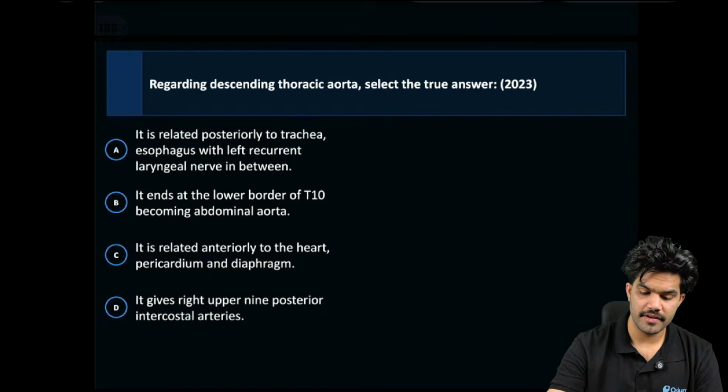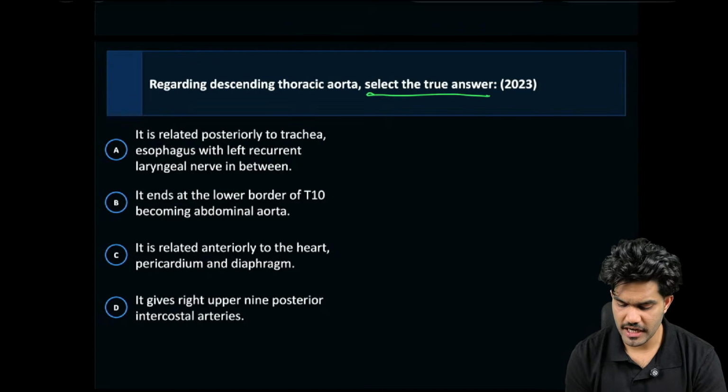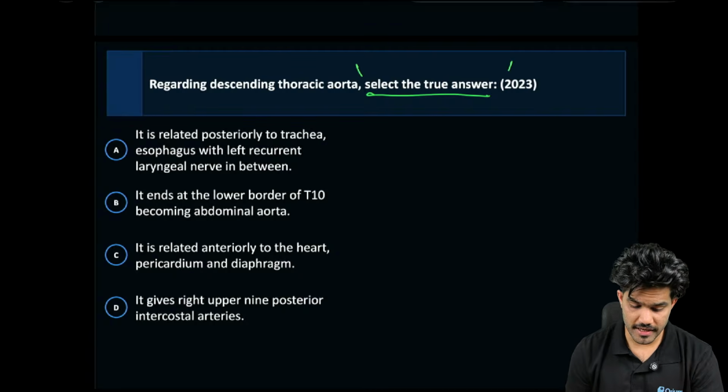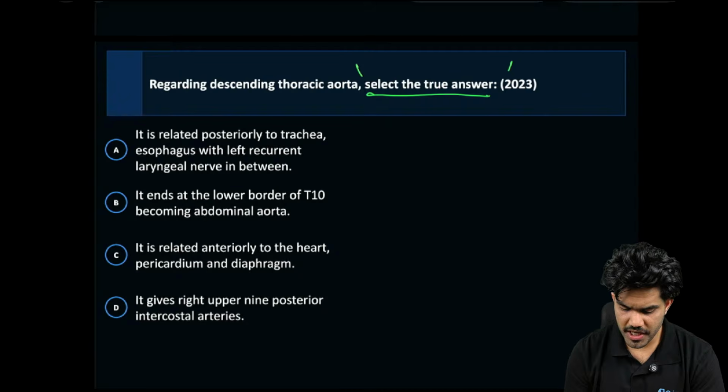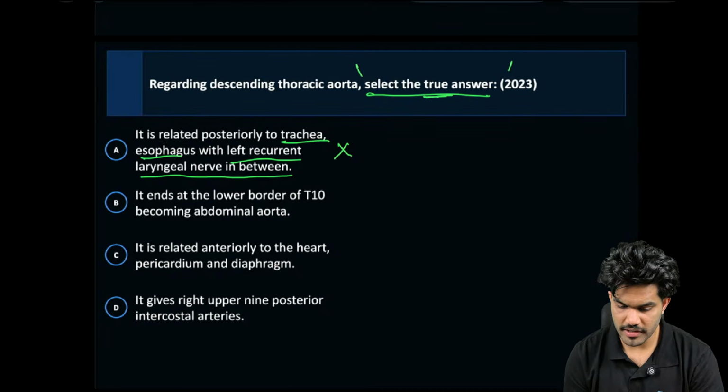Regarding descending thoracic aorta, select the true statement. Let's see. It's related posteriorly to the trachea, esophagus with the left recurrent laryngeal nerve in between. Is it? They are talking about the true statement. No, it is not.